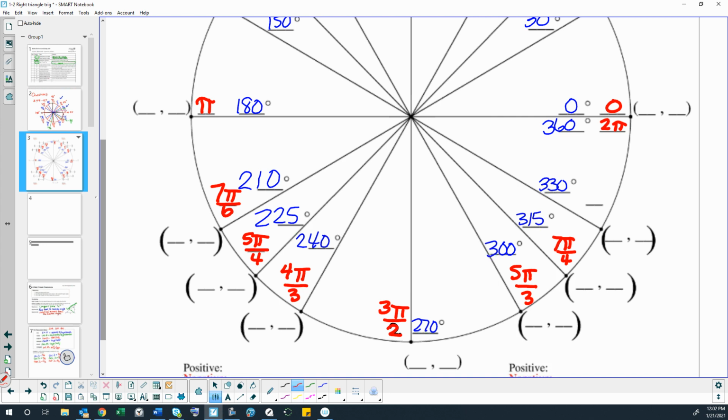Wait, I lost count for 11. 8, 9, 10, 11. So 11 pi over 6. And then the last one would be 12 pi over 6. 12 divided by 6 is 2. So you're back down to 2 pi.